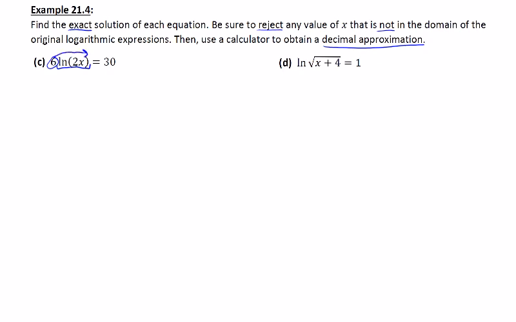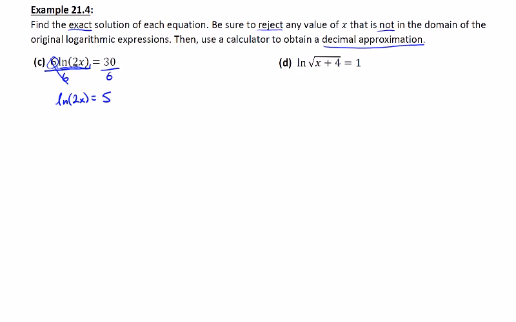But you could also just divide both sides by 6. That will allow the coefficient to become 1 for the logarithm, and then the 30 on the right hand side just becomes 5.